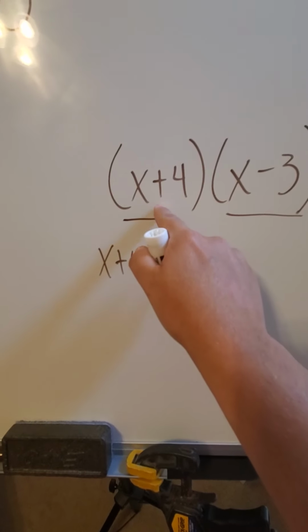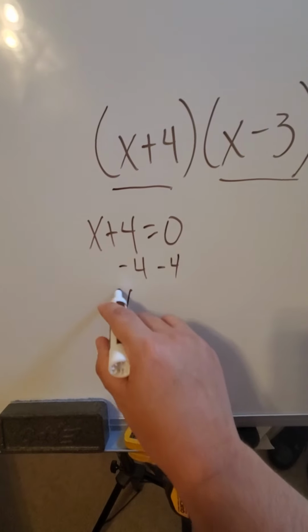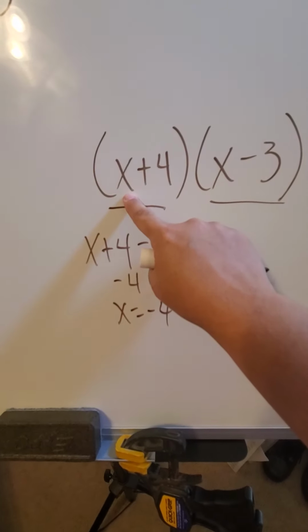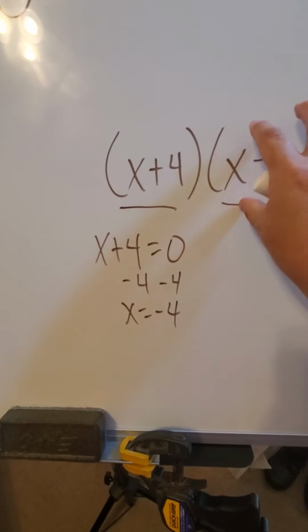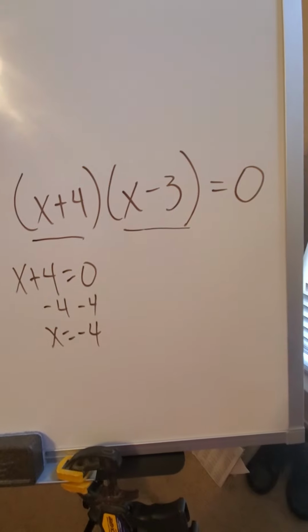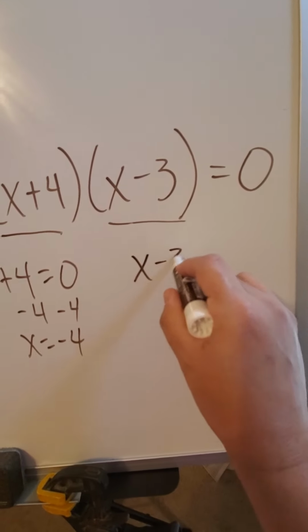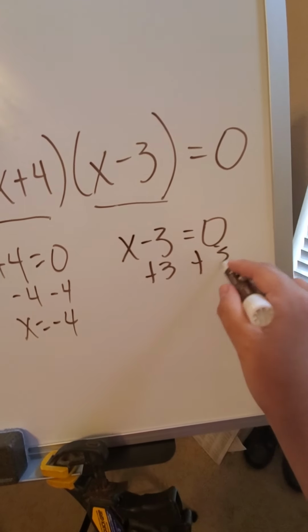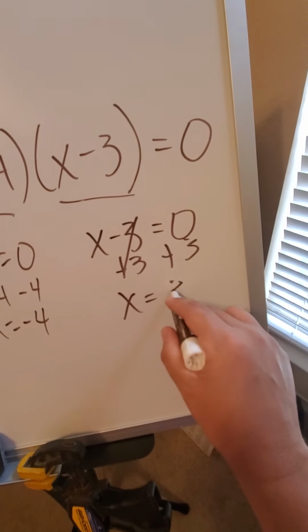So if this is my 0, then I solve minus 4, x equals negative 4. So if I put in negative 4 in here, negative 4 plus 4 obviously makes 0, and 0 times anything is 0, right? Or this could be my 0. x minus 3 equals 0, and I would add 3, and I would get x equals 3.